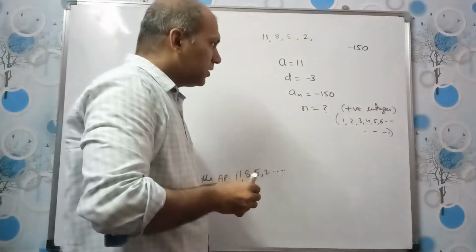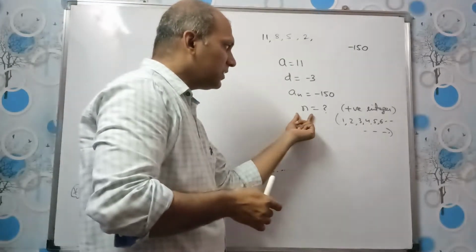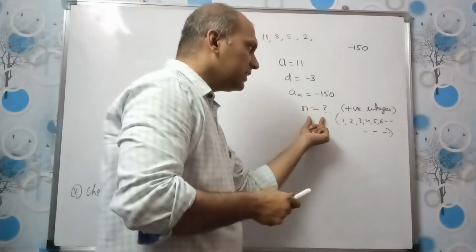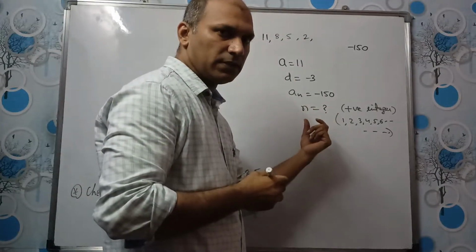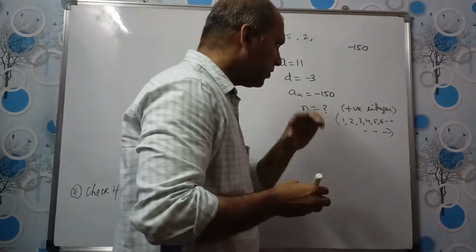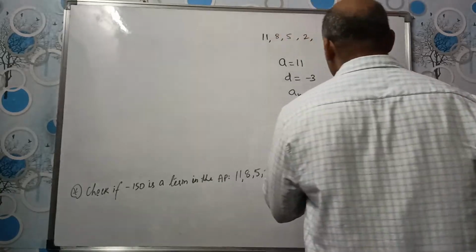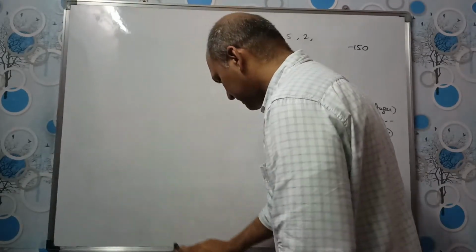So we cannot have N equal to a negative integer or a fraction. So N should be a positive integer. So if N is a positive integer, in this case we can say that minus 150 is a term in this series.